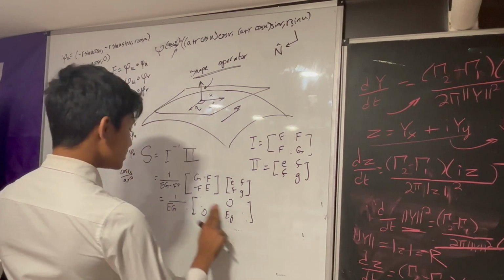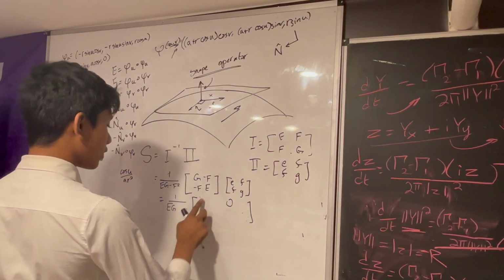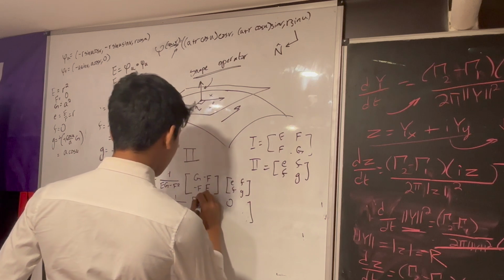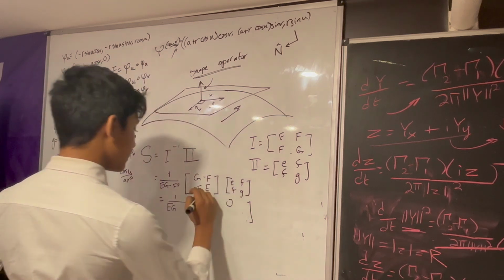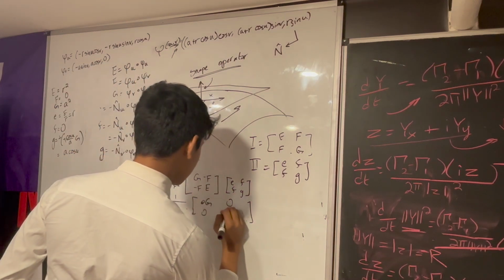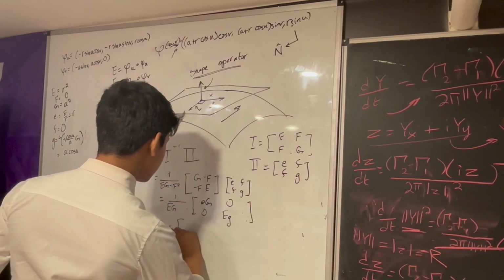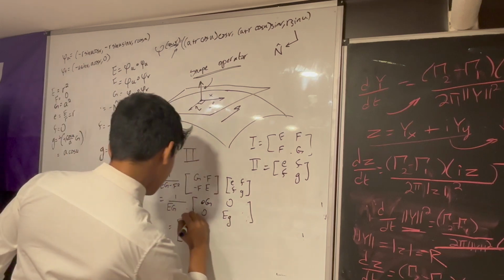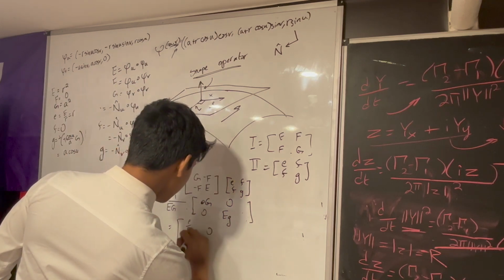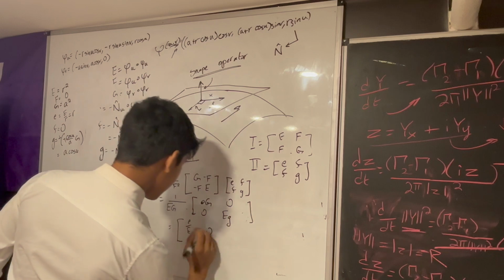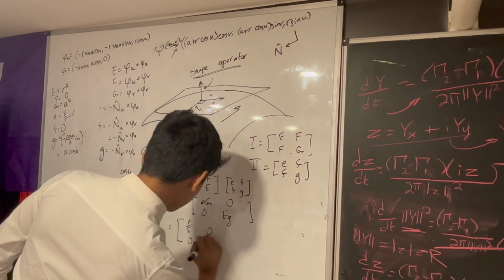Okay, let's go back to the primitive form of these, which was this was eg and this was eg. Okay, good. So this gives what? This is e over e, and this is g over g.